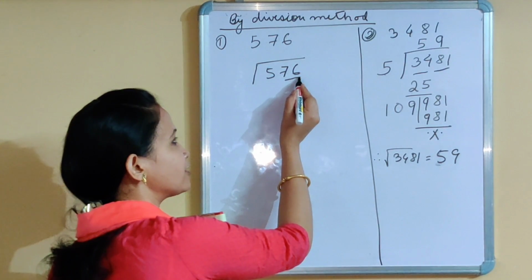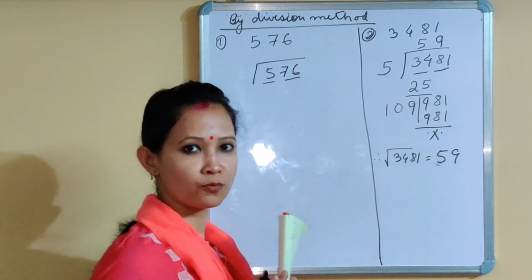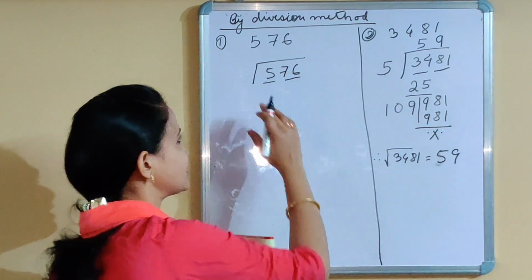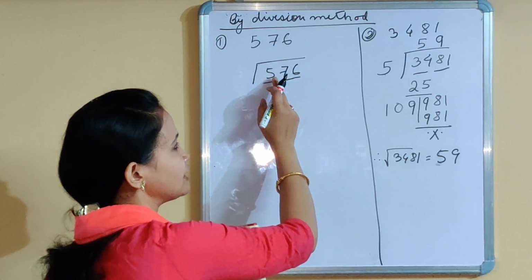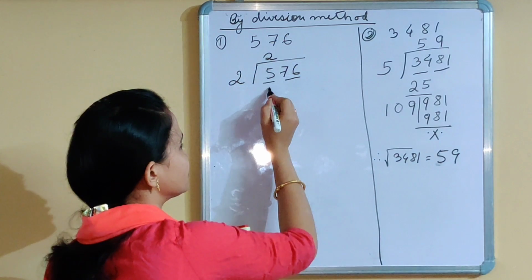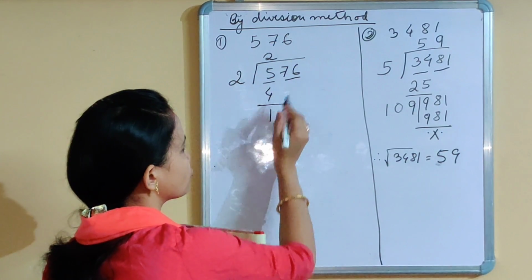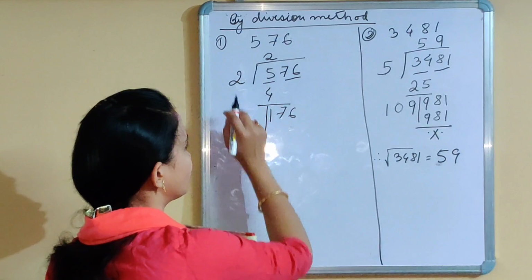When we pair it from the back side, it is left with only a single digit. No problem. If it's a single digit, let's see which number, when you multiply it 2 times, is less than 5. Obviously it is 2. 2 into 2 is 4. Again, this 76 will come down together. Double of 2 is 4.